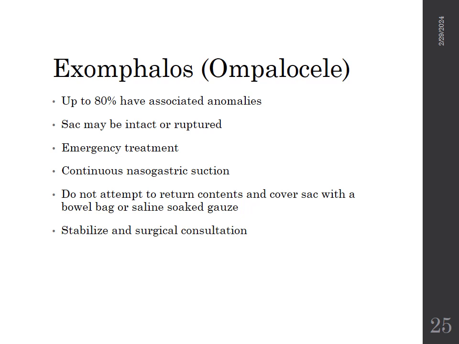I will stop here and tell you that if the sac is ruptured, this is a very serious condition because the intestine will be exposed. So actually, the management will take these steps again, but it has become like a case of gastroschisis, because the main difference between gastroschisis and omphalocele is that the omphalocele is covered by the cord, by the sac, while in gastroschisis, the intestine is next to the cord and it's exposed completely.